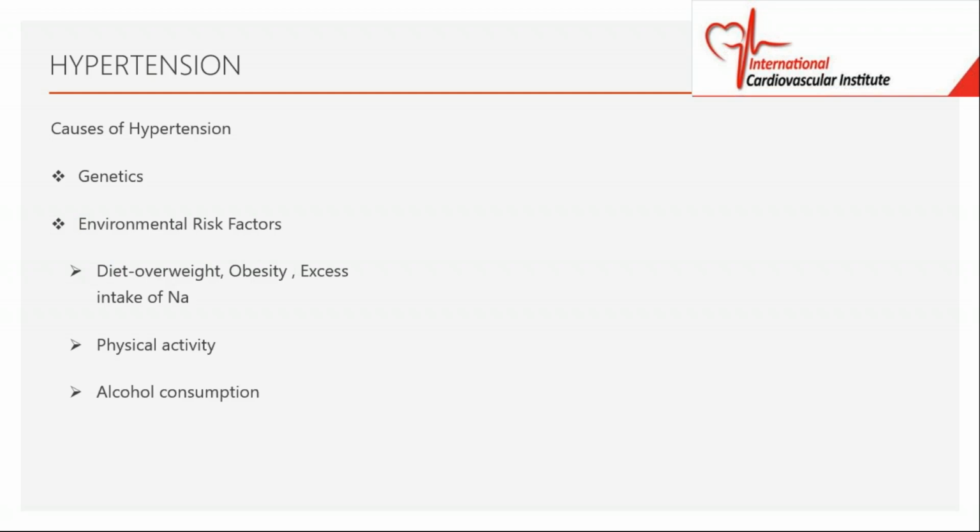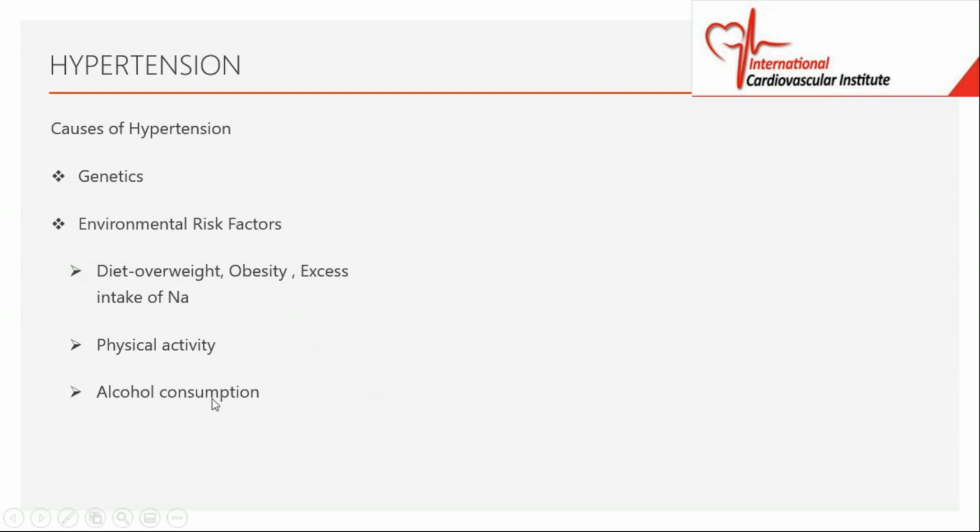We commonly refer to patients as having essential hypertension or primary hypertension, but a lot of our so-called essential or primary hypertensive patients are overweight, obese, have excessive sodium intake, physical inactivity, and alcohol consumption. So these are some of the things that we need to pay special attention to. And when we talk about lifestyle changes, these are what we're talking about.